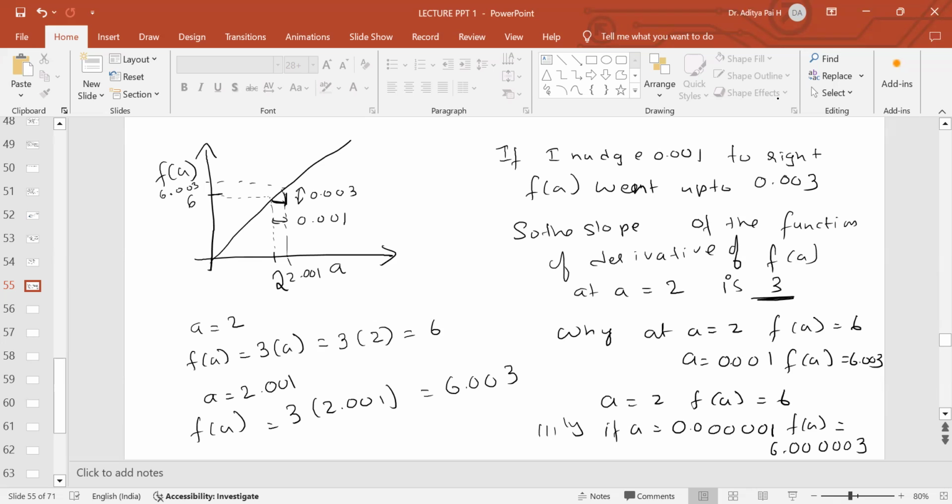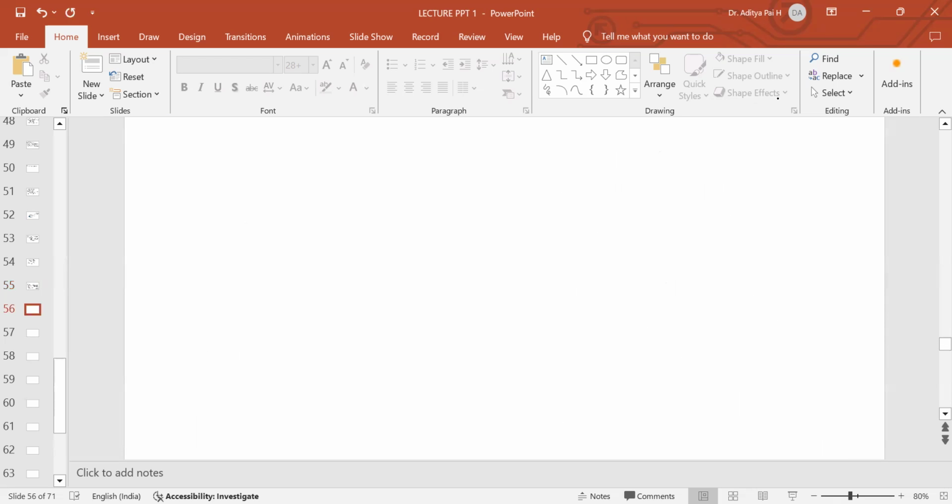At any value by which we change it, our slope will be 3 times that value. Therefore, we can say that the slope at a equal to 2 is 3.